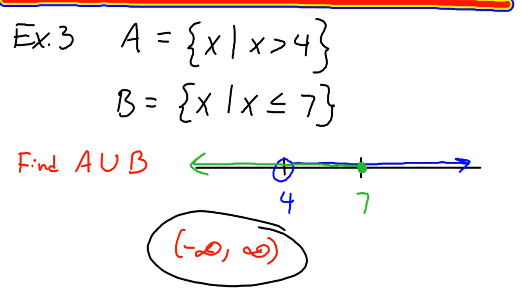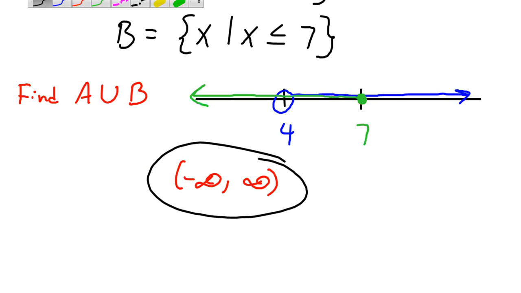For that one, we didn't talk about that. If there's a bar underneath it, like this one is, that's going to be solid. If there's not a bar underneath it, then it's going to be an open circle. So that'd be a good something to put on the side over here.